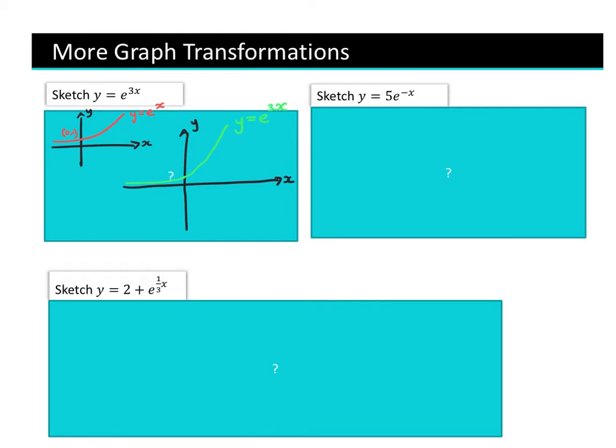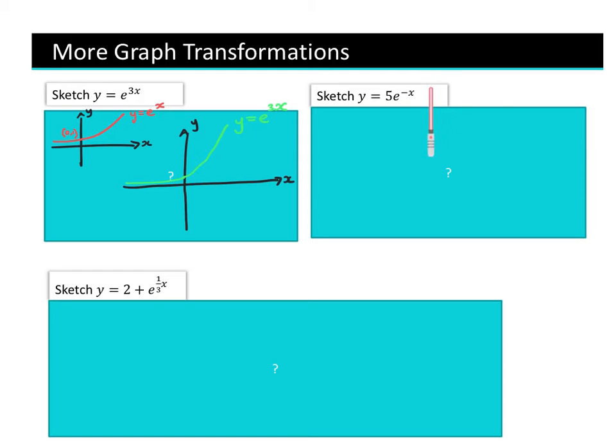Okay, let's think about this equation here. We've got a few things going on. Number 1 is, let's focus on what's affecting x first. Inside or outside the bracket? Yeah, we're just going to focus on what's near the x. So the minus, is it inside or outside the bracket? Inside. Who does it affect?